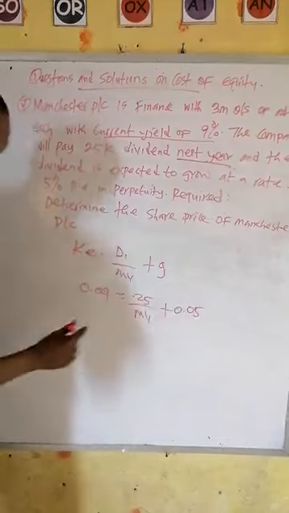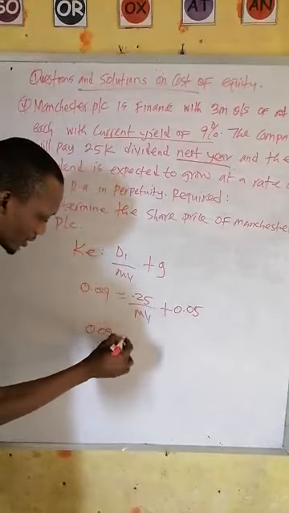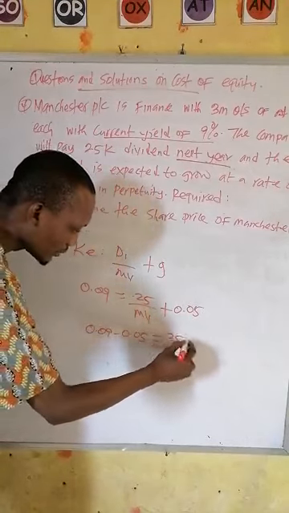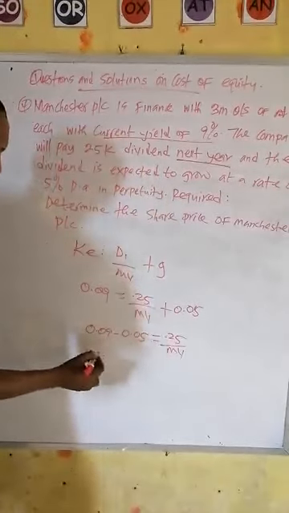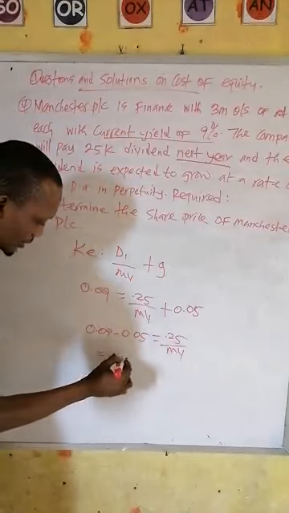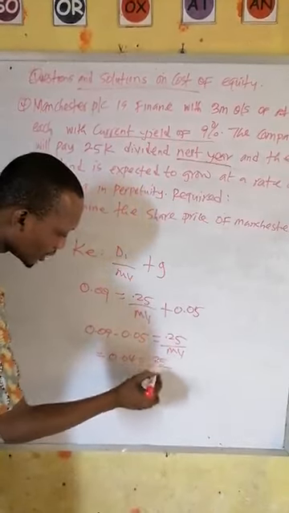So we now bring it down here. 0.09 minus 0.05 is equal to 0.25 all over market value. So what do you have? 0.09 minus 0.05 is 0.04, equal to 0.25 all over market value.